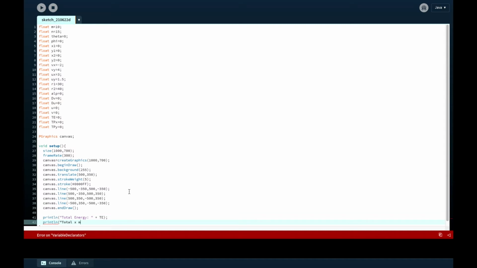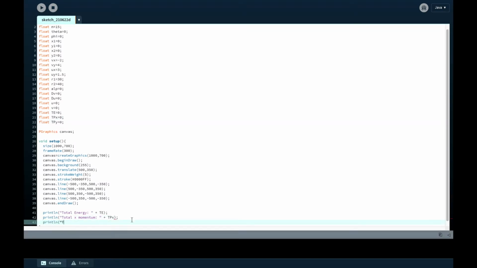So I'm going to print them. println new line total energy is equal to te, println total x momentum is equal to tpx, and the same thing for total y momentum, tpy.